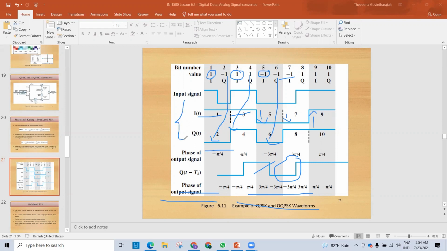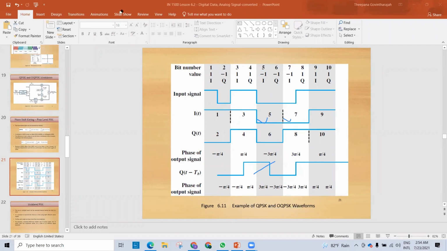And as the combination of IT and QT, the final phase of the output signal will be produced. And here you can see 4 different combinations: 1 0, 1 1, 0 0, 0 1.